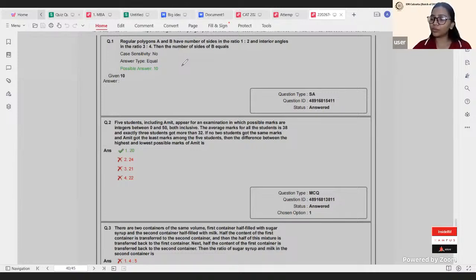So what we can do in this case is compare the interior angles. Let me know if it's not visible.